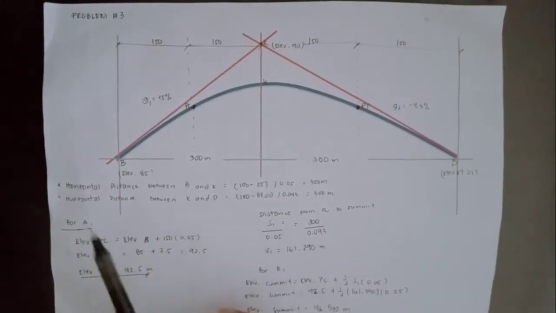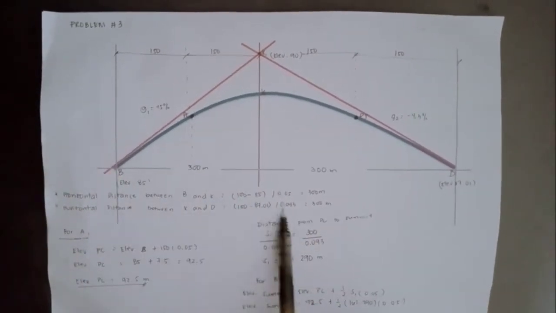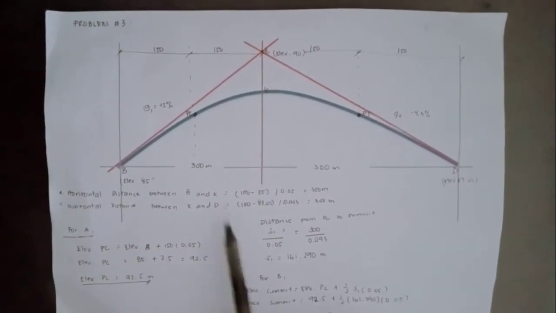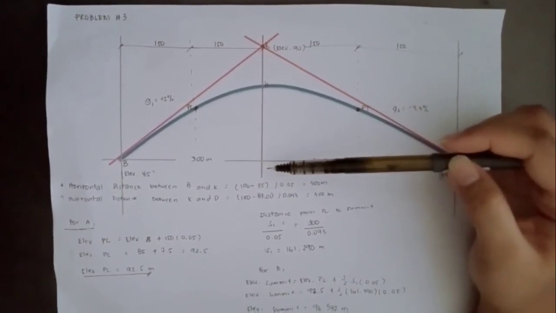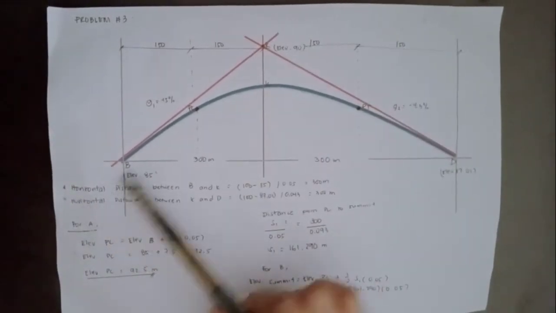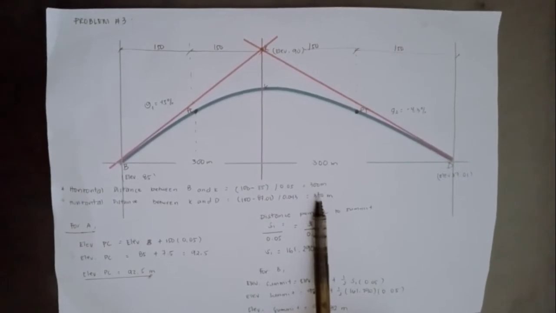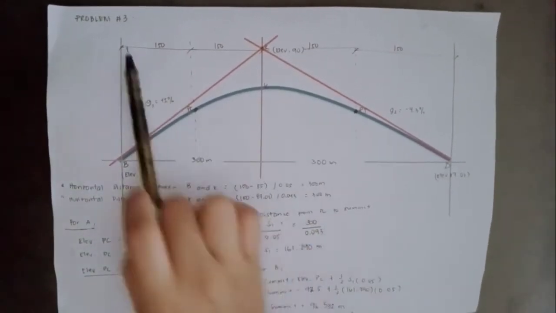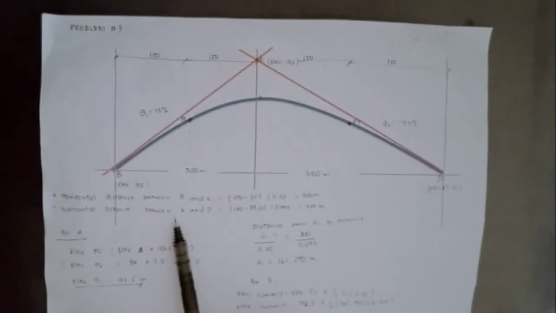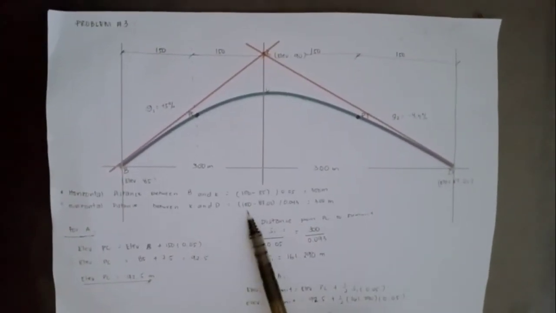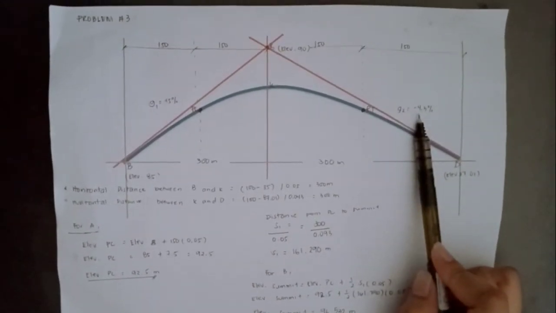So first, let's determine the distance between the BK and the distance between KB. You just have to subtract the elevation point of BK to 100 and then divide it by the grade, and you'll have 300 meters. And then we'll divide the 300 meters into 2. And then the same goes for the distance K and D, which is 100 minus 87.01 divided by the negative 4.3%.